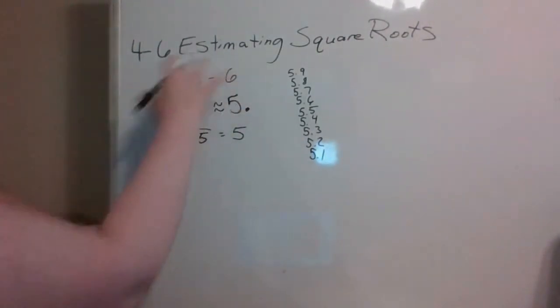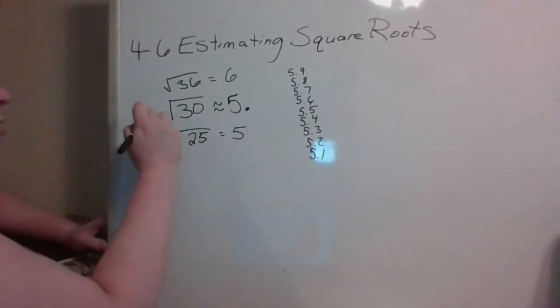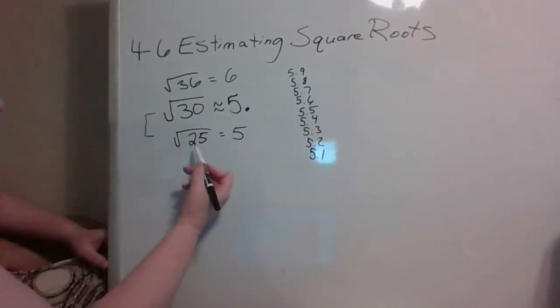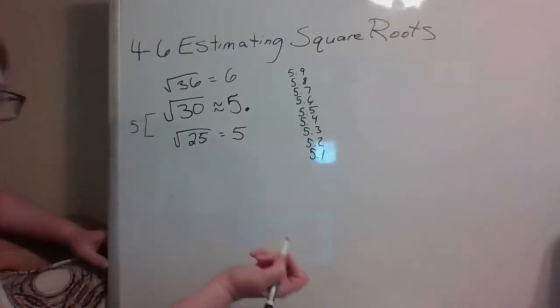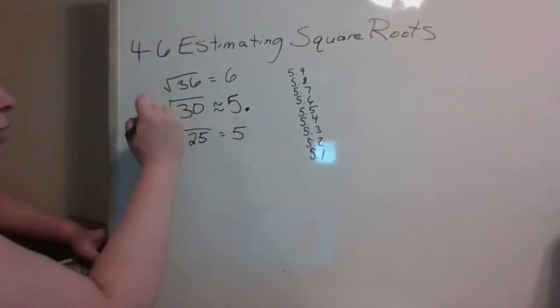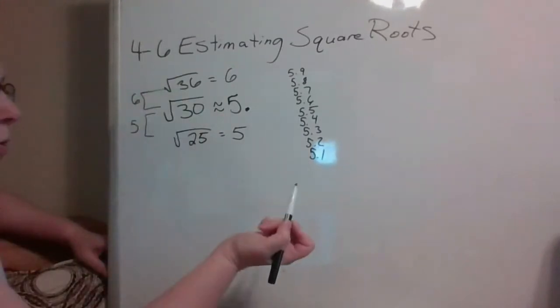What I like you to do once you have all of this done is to write what is the difference between 25 and 30. So those are 5 apart. Between 30 and 36 is 6 apart.